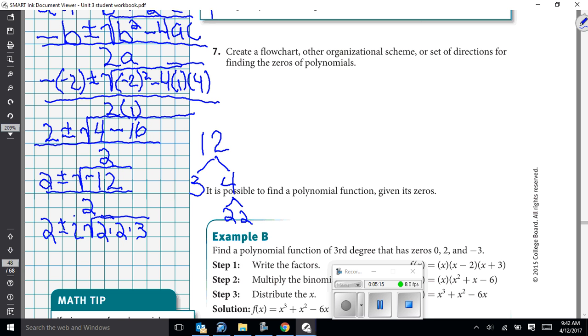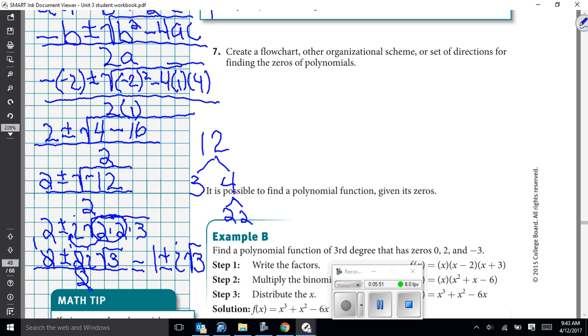So 2 on the inside makes how many on the outside? Can I simplify? Does 2 go into 2? Does 2 go into 2? All right, so that whole thing simplifies to 1 plus or minus i times the square root of 3.